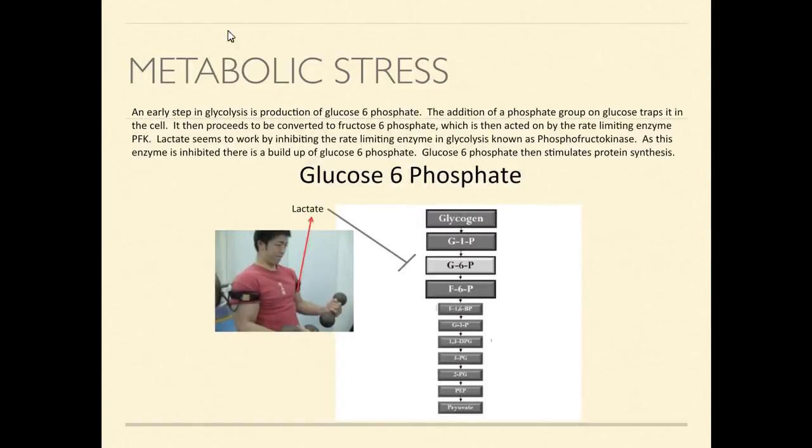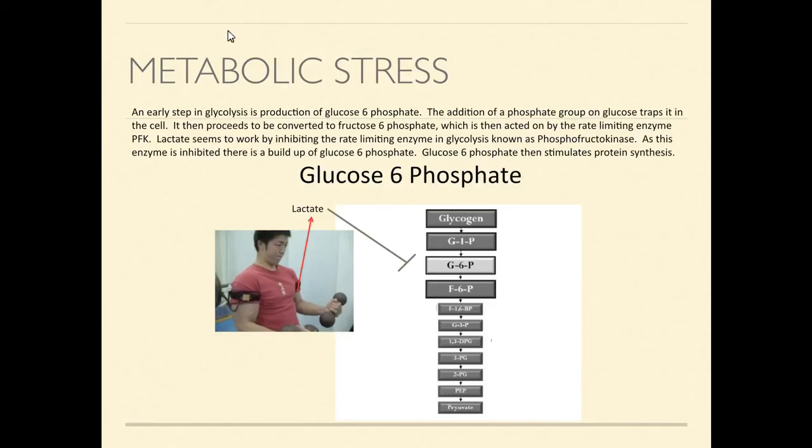Here's what we think happens. An early stage in glycolysis is the production of glucose 6-phosphate. You remember that's one of the first things that occurs during these types of events. The addition of a phosphate group on glucose traps glucose in the cell. It is then converted to glucose 6-phosphate, which is acted on by the rate-limiting enzyme phosphofructokinase.